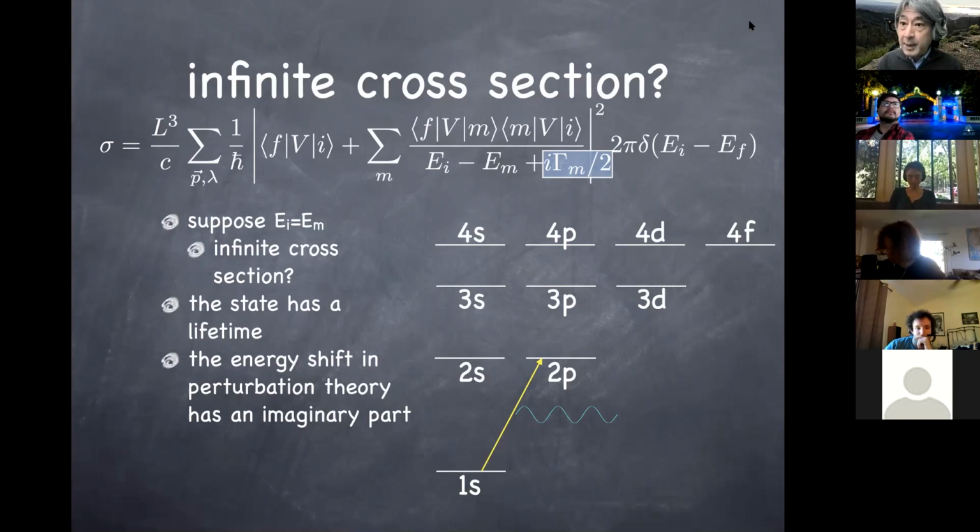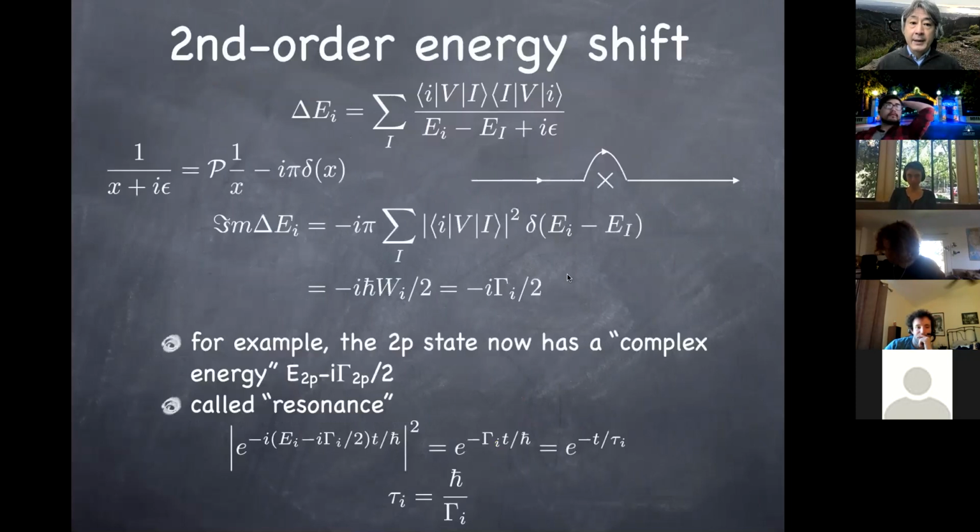Okay, so I will keep talking about this for the next couple of slides. If you have any questions, you can still come back and ask. So how do we see this imaginary part of the energy from the point of view of perturbation theory?